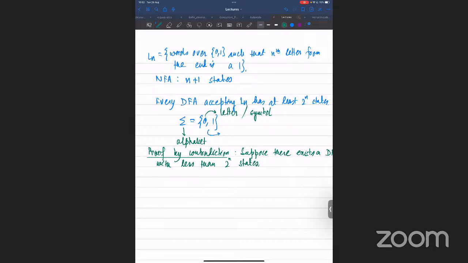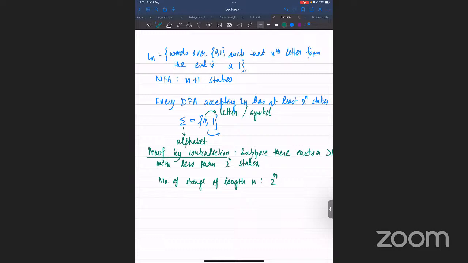Okay, I'll give you a hint. How many strings of length n can you find? Can you be a little louder? 2 raised to n. So the number of strings of length n is 2 raised to n. Is it clear?